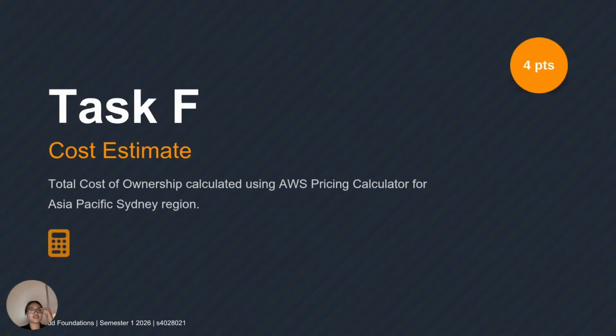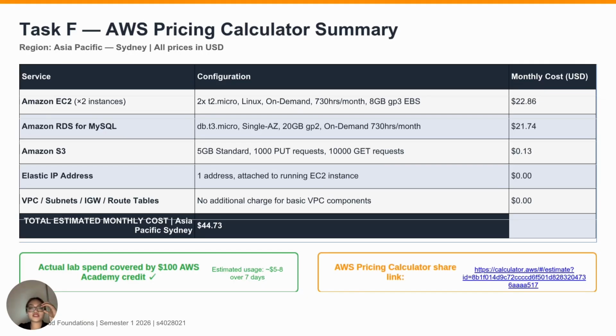This is Test F, where we calculate the total cost of ownership estimated using the AWS Pricing Calculator. Using the AWS Pricing Calculator for the Asia Pacific Sydney region, the monthly estimate is as follows. It will cost $22.86 for EC2 instances, $21.74 for the RDS instance, 13 cents for both S3 buckets, and Elastic IP and VPC components are not calculated at a cost, which adds up to $44.73 monthly.